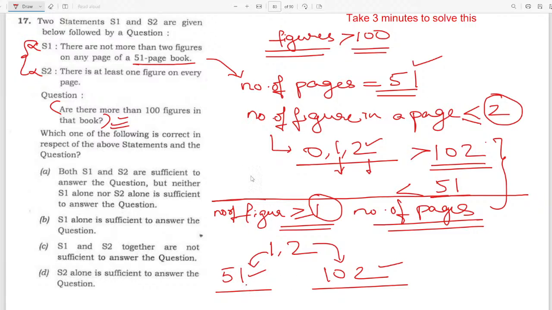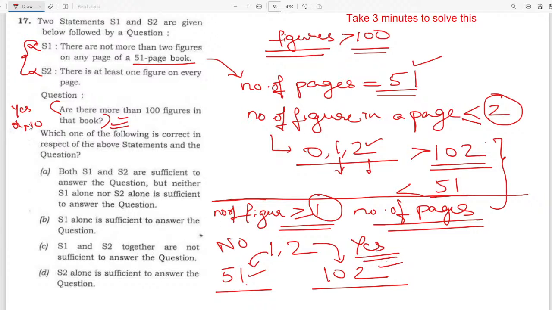If it is 51, the answer would be no. In this question, the answer you have to get is yes or no. If you have 1 figure in a page, the answer would be no. If you have 2 figures in a page, the answer is yes.